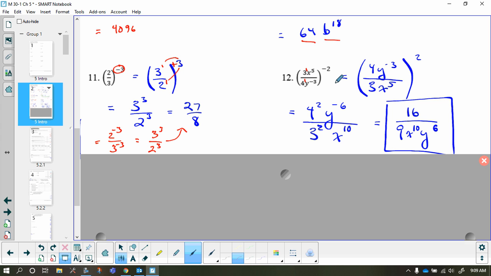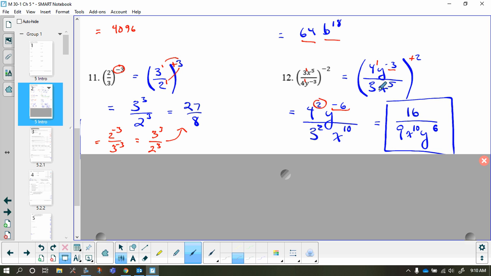I started by doing the reciprocal of my base, and that gave me a positive exponent out here. Then I took this 2 and I multiplied it to the 1 to give me a 2 in the exponent for the 4. I multiplied it to the negative 3, which gave me the negative 6 in the exponent for the y.